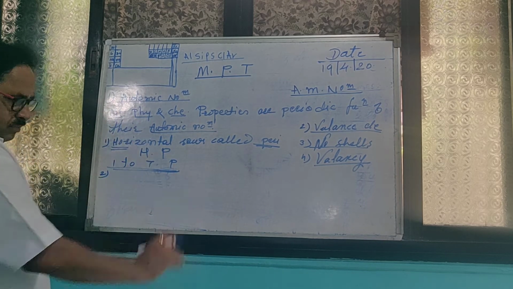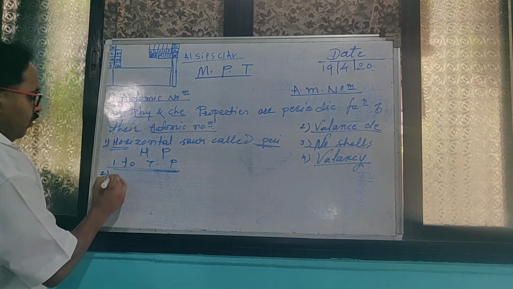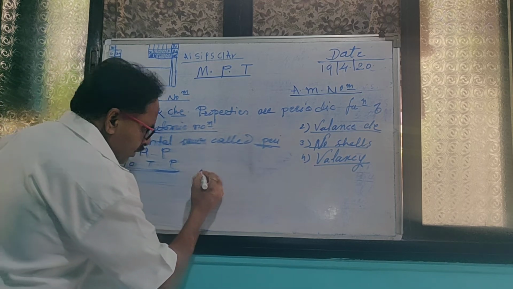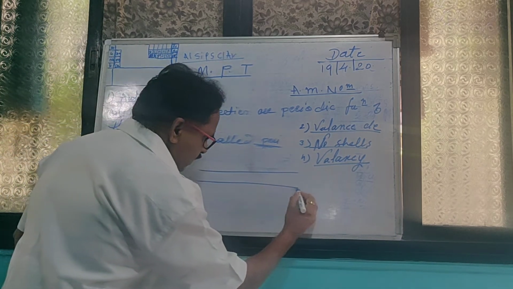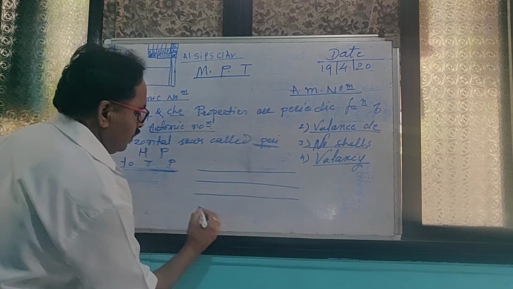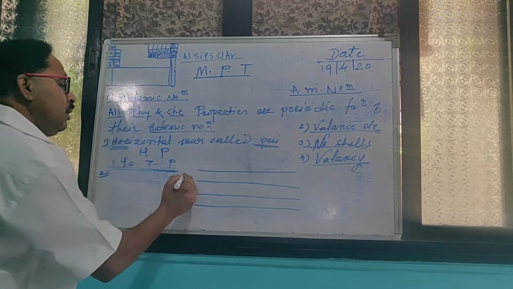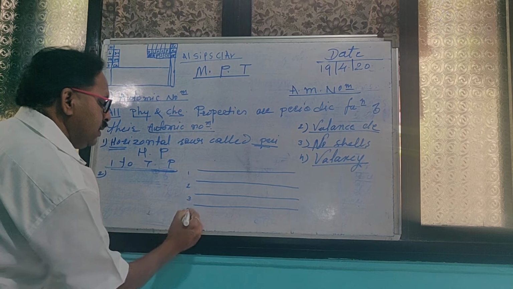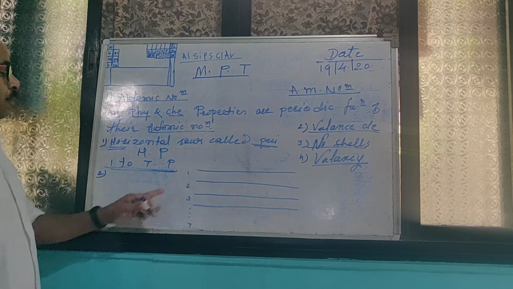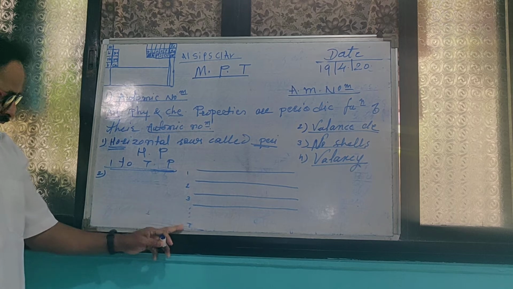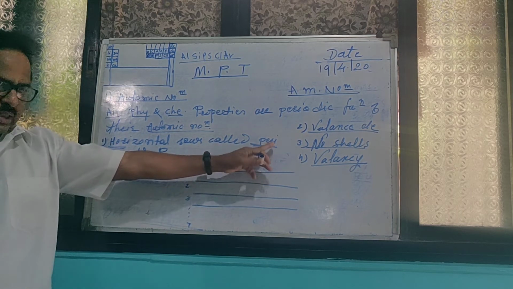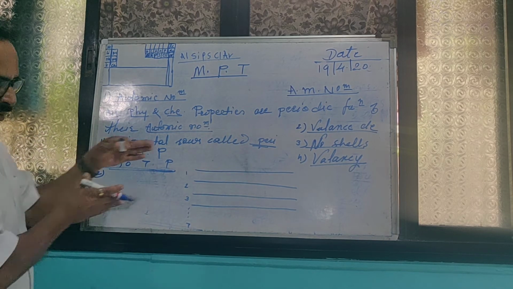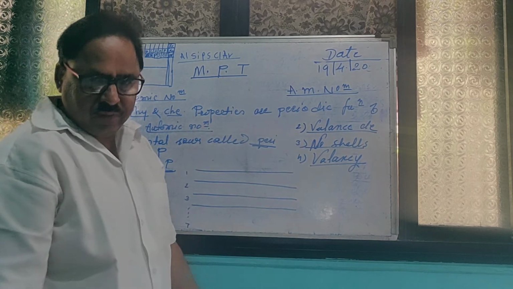Second important thing, vertical columns. If you see, these are the horizontal rows. If you number 1 to 7, the horizontal rows present in the modern periodic table are called periods. You better understand. Horizontal rows.